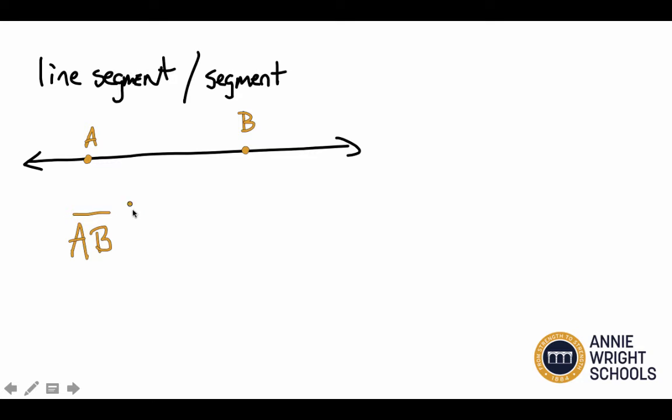And notice there's no arrows here because now what we're talking about are all the points in between A and B, including A and B, but nothing else on that line. Good? The same segment is segment BA. We call A and B the endpoints.